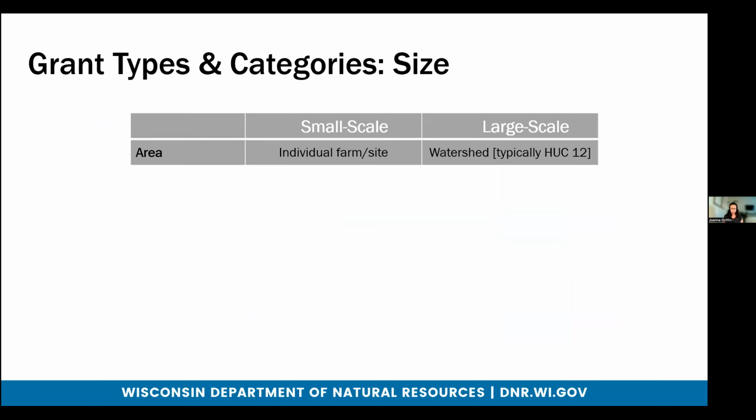So BMPs are constructed and implemented on multiple sites within the watershed. If it's a non-TMDL TRM project for large scale TRM, the size of the watershed must be between 8 and 39 square miles. If it's a large-scale TMDL TRM grant, then the watershed size is determined by the size of the TMDL. Or for a larger TMDL, it might be the size of a TMDL watershed reach.